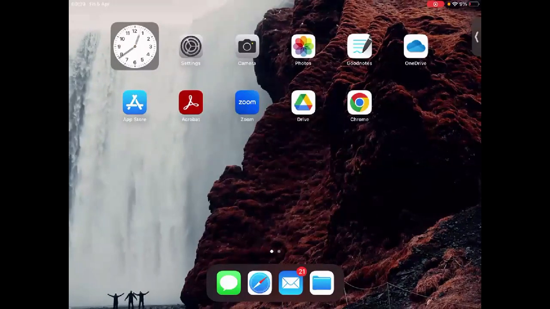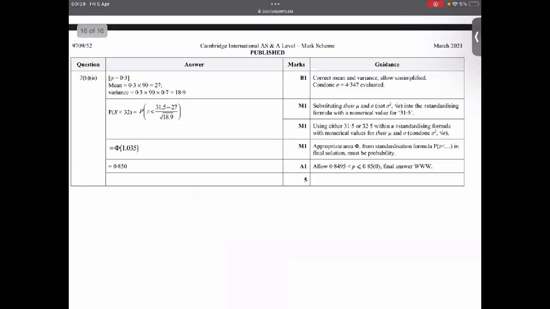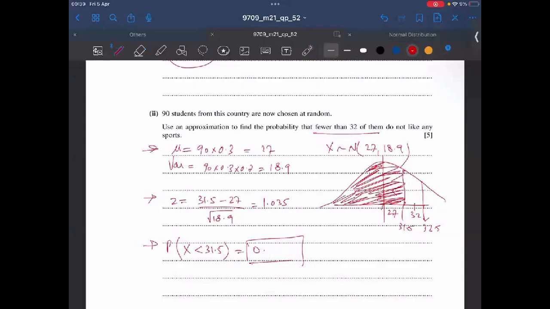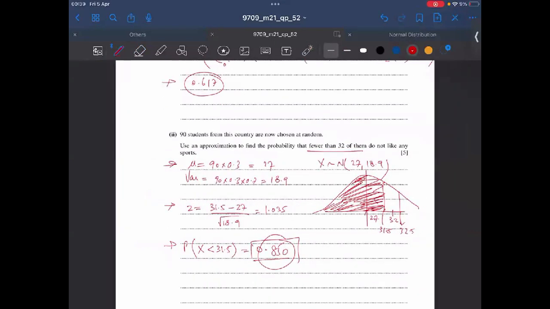Is that clear or not, Miss? Yes, sir. All right, 0.8497. We may write just down here 0.85. Basically, the probability is written correct to three significant figures. So yeah, 0.85.